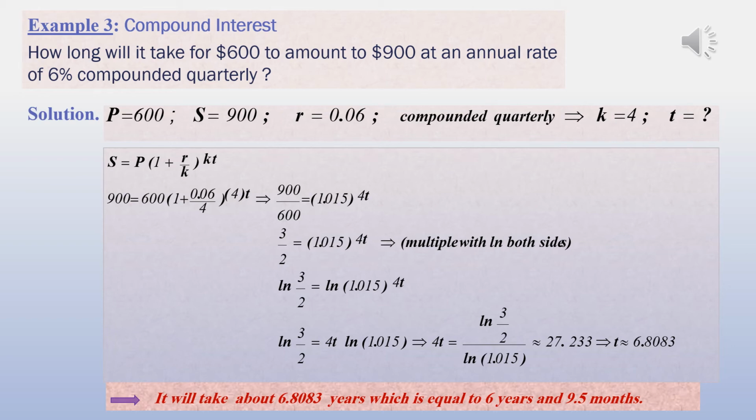So t equal to 6.8083. So we have the value of t now. It will take about 6.8083 years, which is equal to 6 years and 9.5 months.